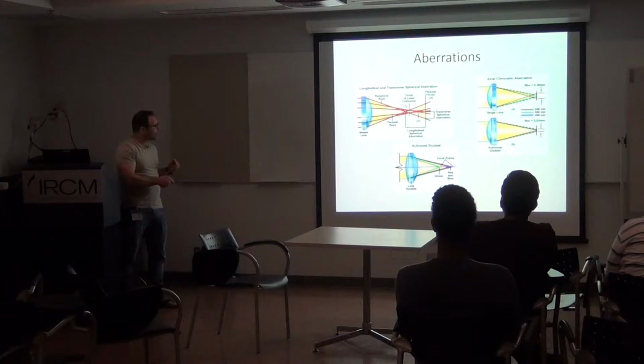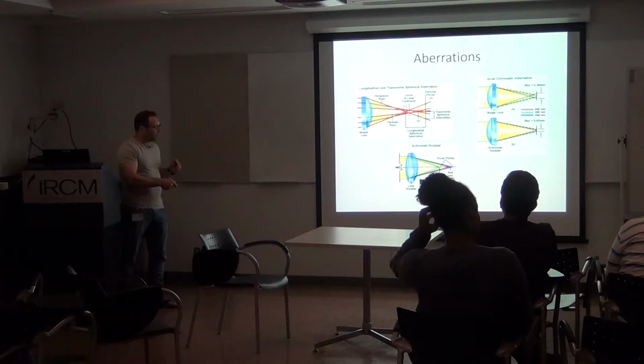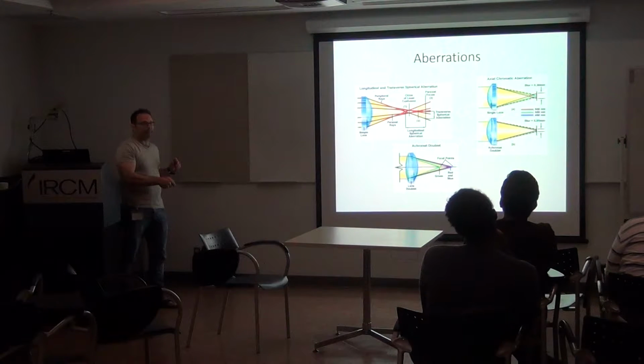Spherical aberration arises from the fact that at the edge of the lens, it will not focus exactly at the same position as from the center. Okay? So this is really spherical aberration. It comes from the fact that the light cannot really focus at the same position if it enters at a specific position from the center of the lens.